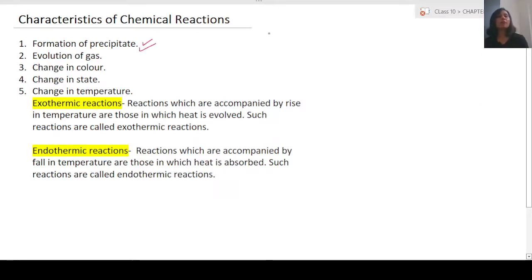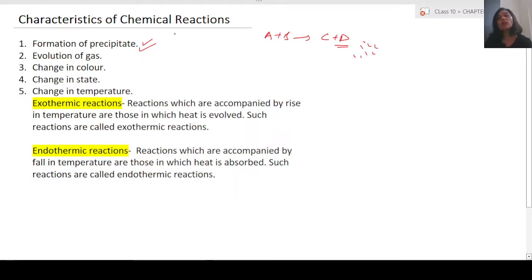The first one is the formation of precipitate. If after mixing A and B you see in the product a few curd-like particles, that is curdling, like when you mix a small amount of curd in a little water, and you see that formed at the end of a chemical reaction, then it is called the formation of a precipitate in the product.